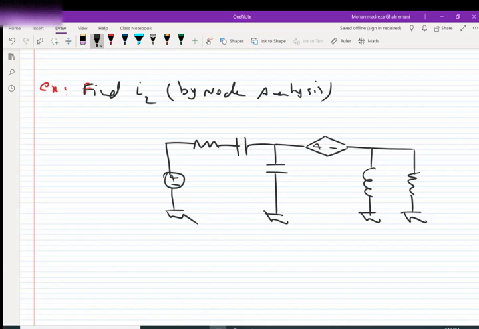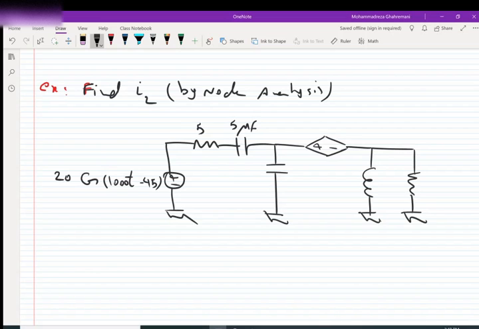The values for these elements: the power supply is 20 cosine of 1000t minus 45. The resistor is 5. The capacitor is 5 microfarad.